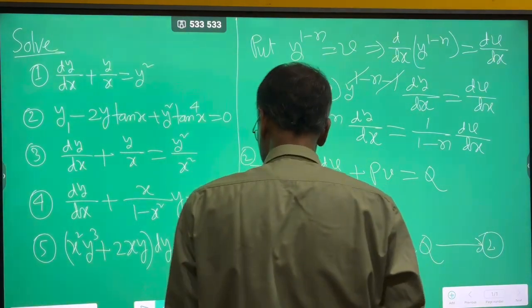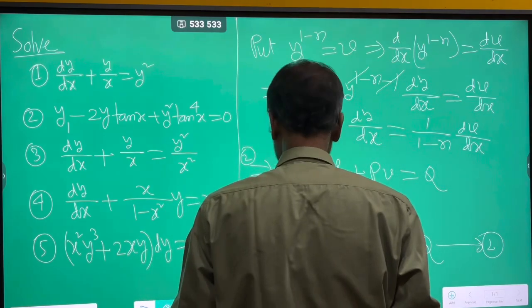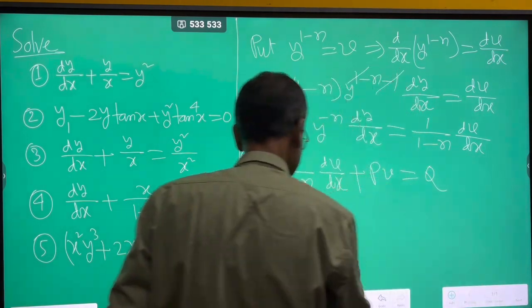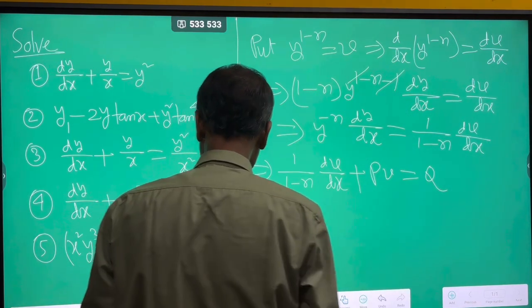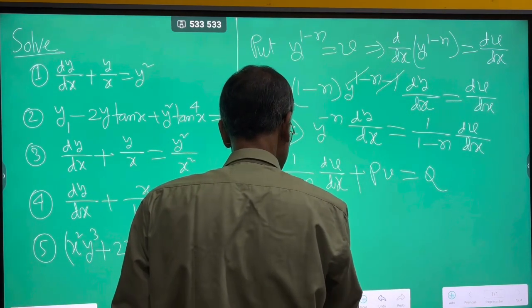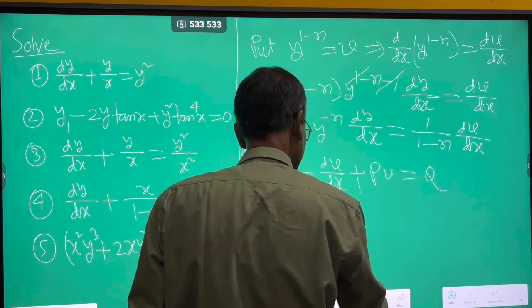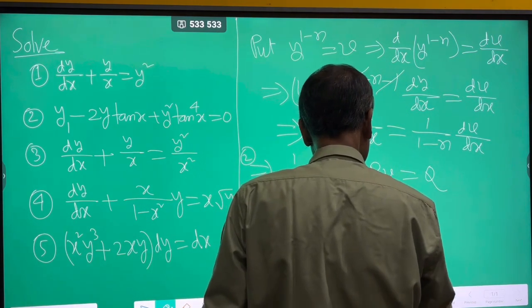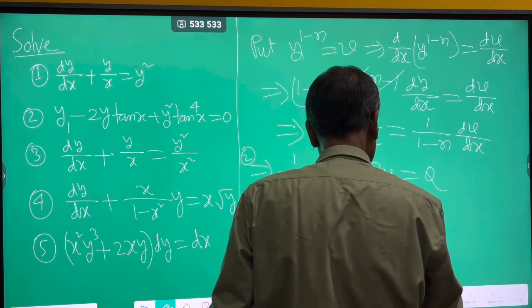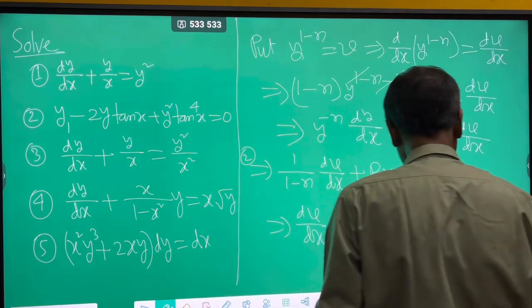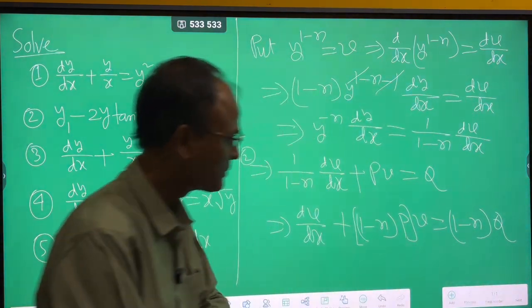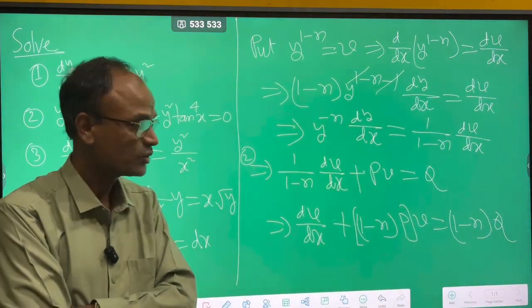This means dv by dx plus 1 minus n into p into v equal to 1 minus n into q. You will get this one.